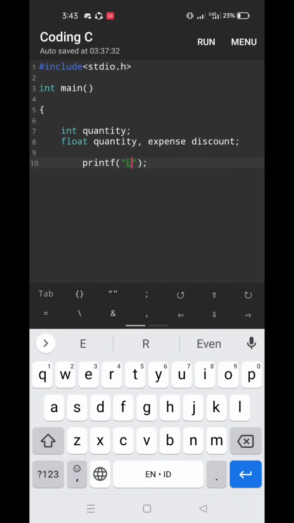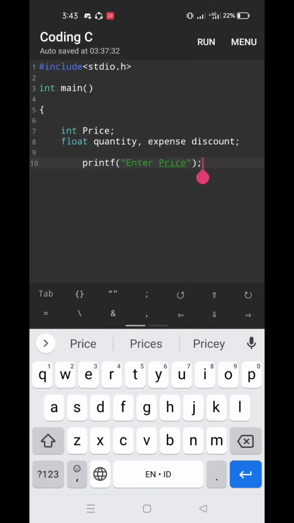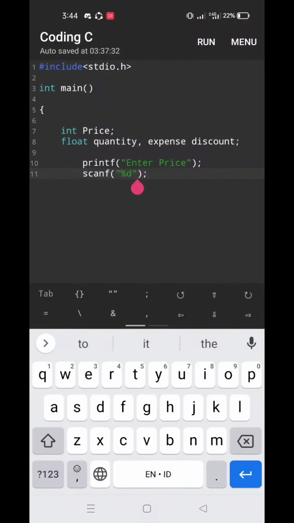So here we are going to say enter quantity. Enter price. So printf, then scanf, and %d because it is an integer. %d quantity.